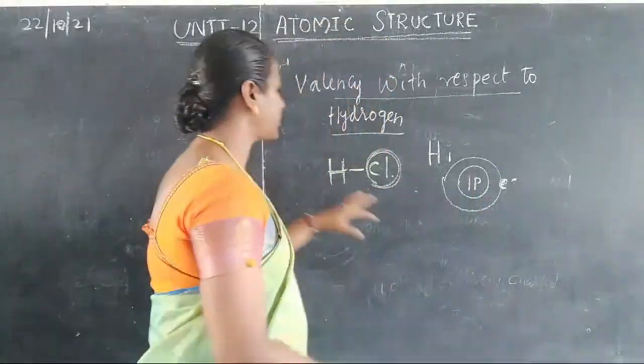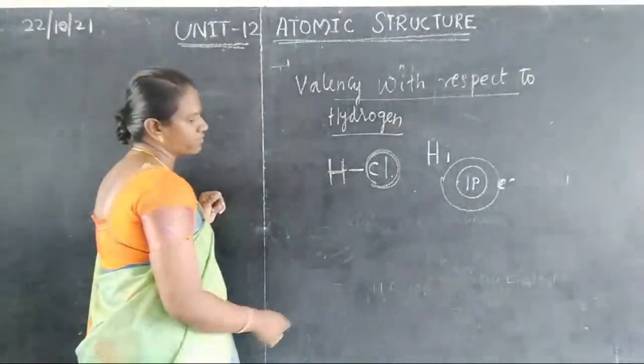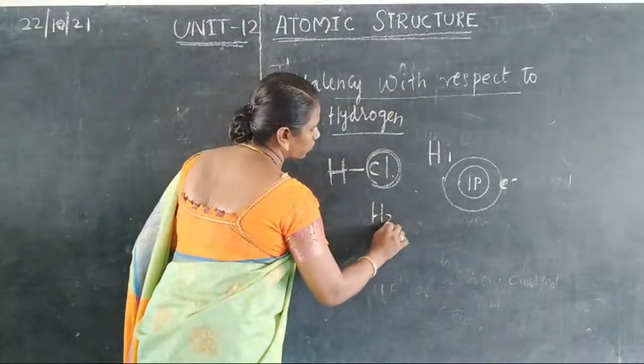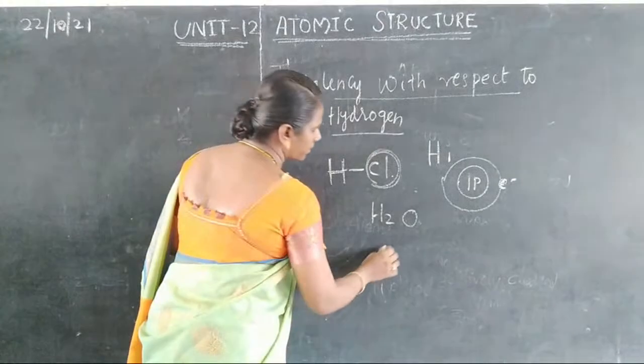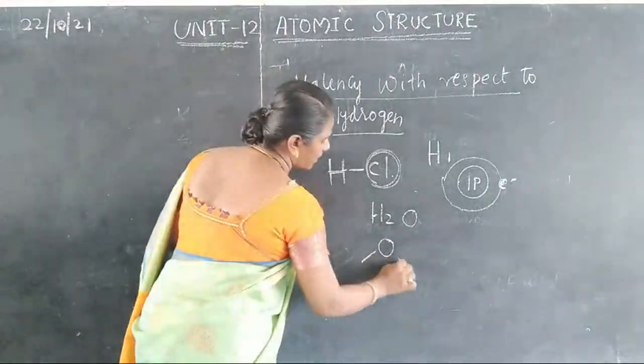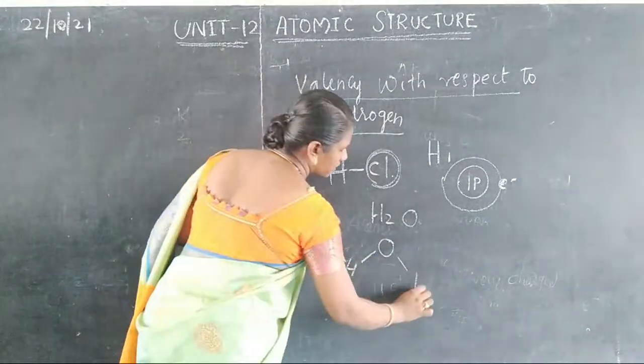Next, we will take another example: the water molecule, H2O. Here, one oxygen is combined with two hydrogens.